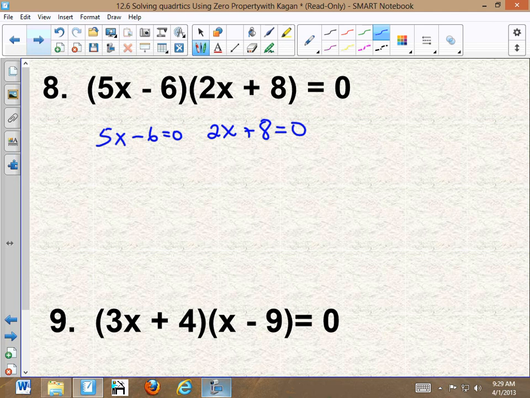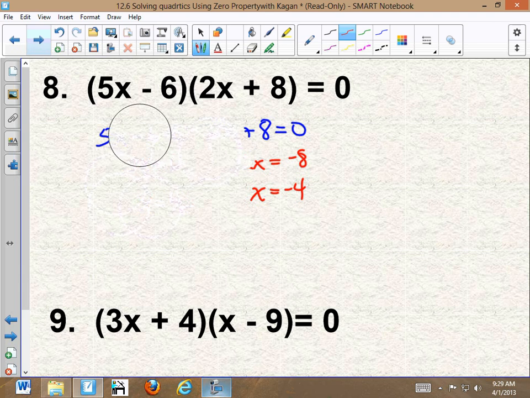Set what's inside the parentheses equal to 0, and then solve for x. 5x equals positive 6. 2x equals negative 8. X equals 6 over 5. X equals negative 4.